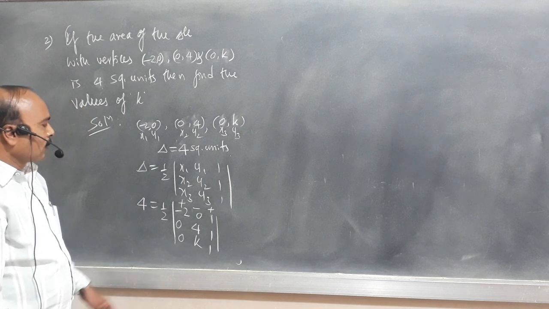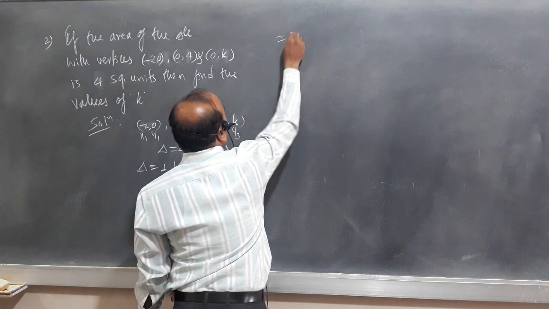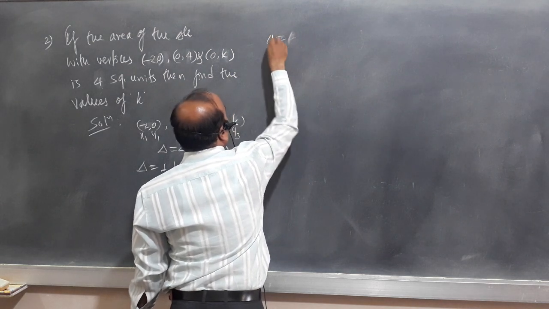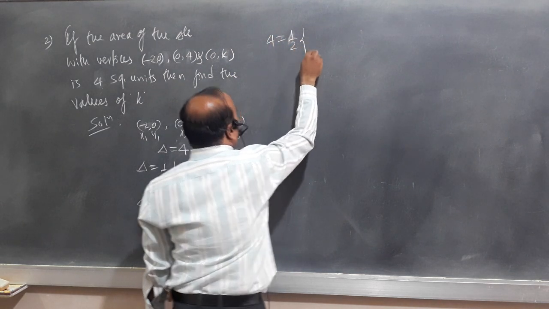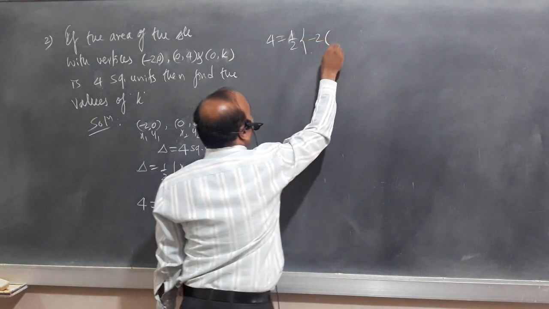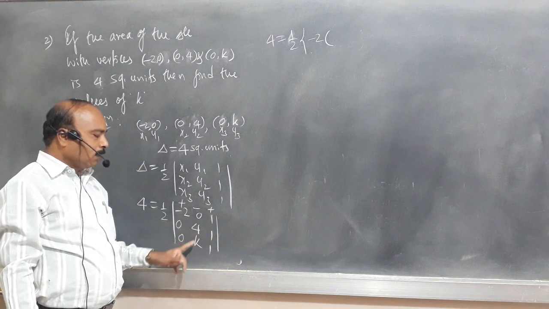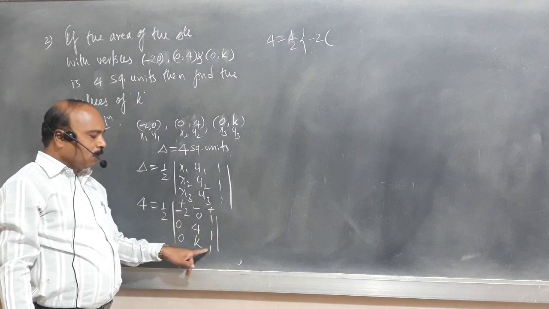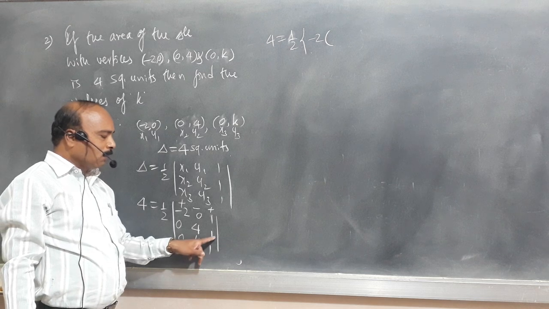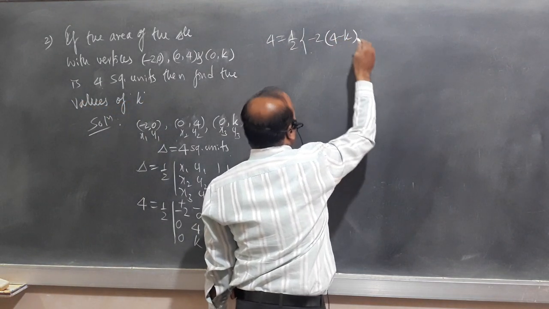Now we go for the first element. 4 equal to 1 by 2 into, first we write minus 2 into the determinant, deleting this column and this row, 4, 1, k, 1, that is 4 into 1, 4, minus k into 1 is k, that is 4 minus k.